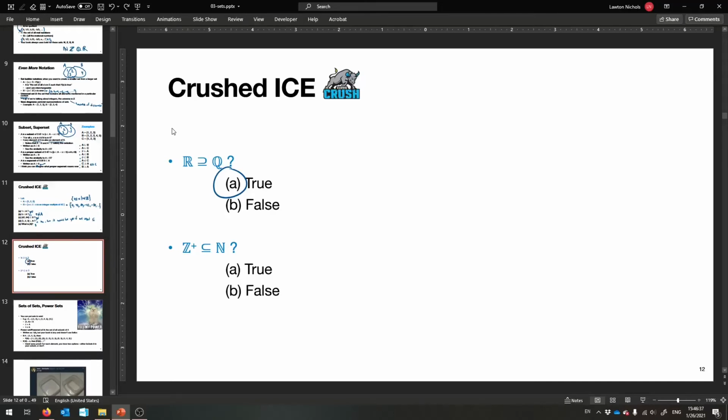Likewise, is Z plus a subset of N? Remember that Z plus is equal to 1, 2, 3, on and on towards positive infinity. It's all the positive numbers. And N, the natural numbers, start at 0 and go 0, 1, 2, 3, on and on.